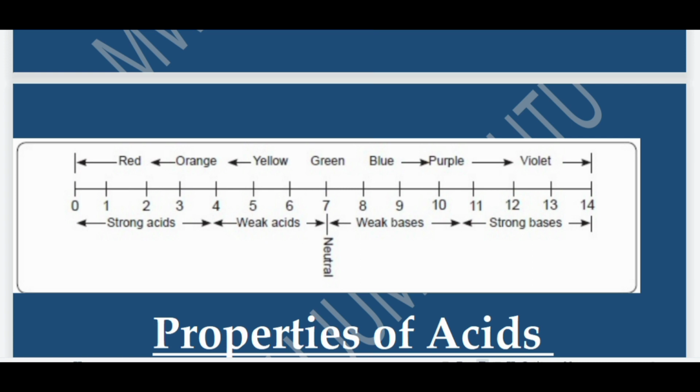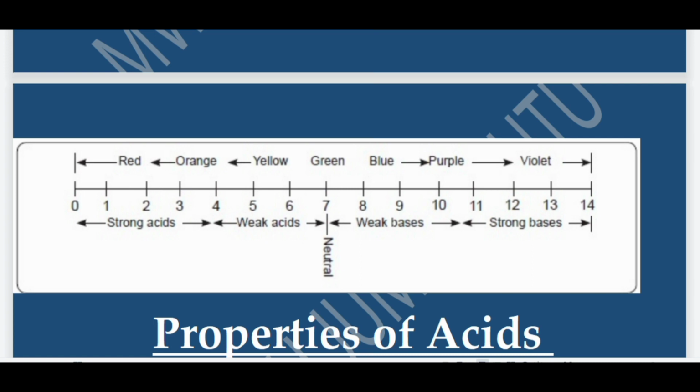Then at exactly 7, we have the universal indicator with the solution used. If it is neutral, it will give a green color, and that solution will be neutral. Then we have values more than 7 to less than 10, which will give a purple or blue color, and they are weak bases.